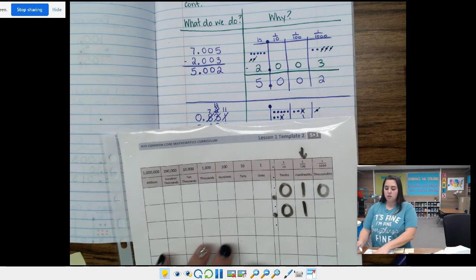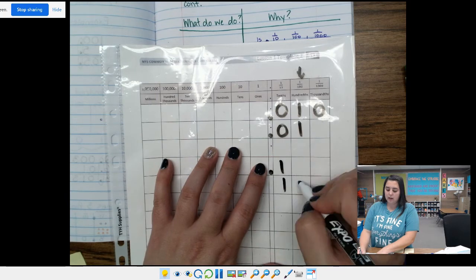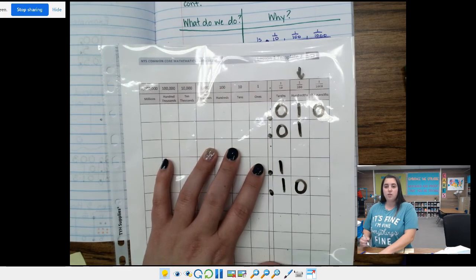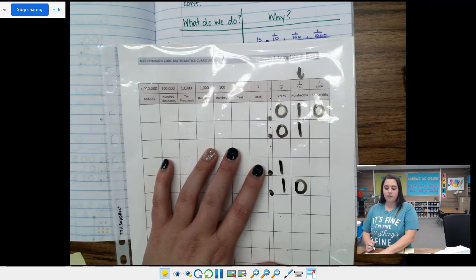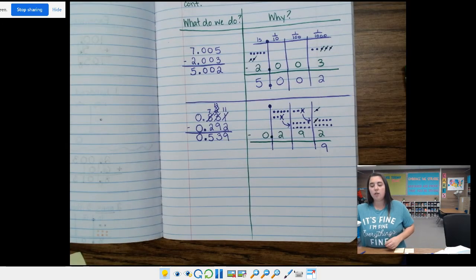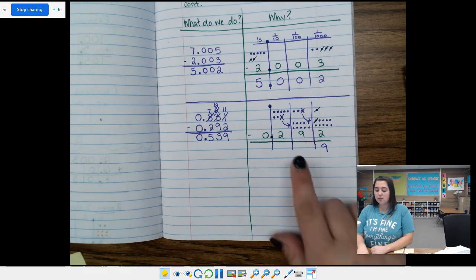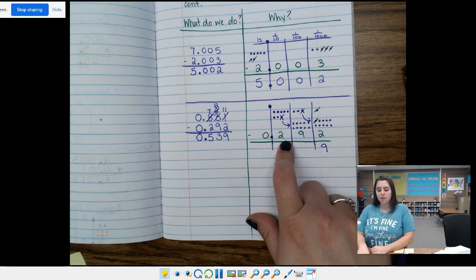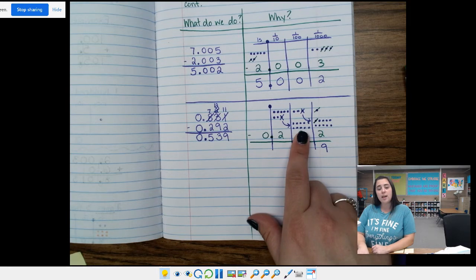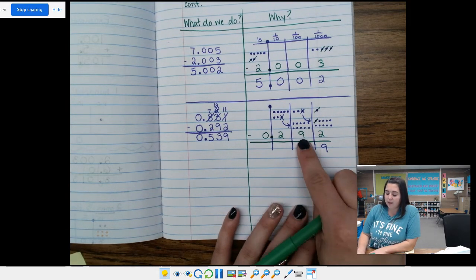So here's 1/10, 10 hundredths. Those are the same thing. That 0 has no value. It's like saying I have 1 dime or 10 pennies. It gets you the same thing. I took away a dime and I added 10 pennies instead. Same value. Now I can take away 9.